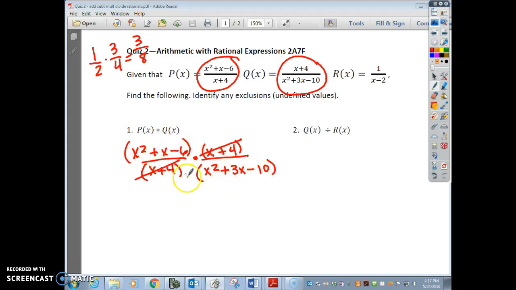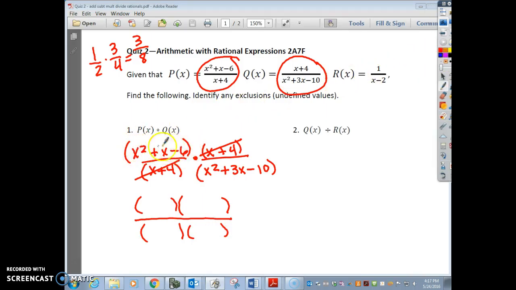But before I just rewrite it, we can actually see if anything else cancels out on the next fraction by factoring these two expressions. This is a quadratic, so I can factor this more than likely into two factors. And then the bottom one, this one, we're going to also factor. And hopefully, if any of these match, they cancel out, right? So what are the factors of this expression?